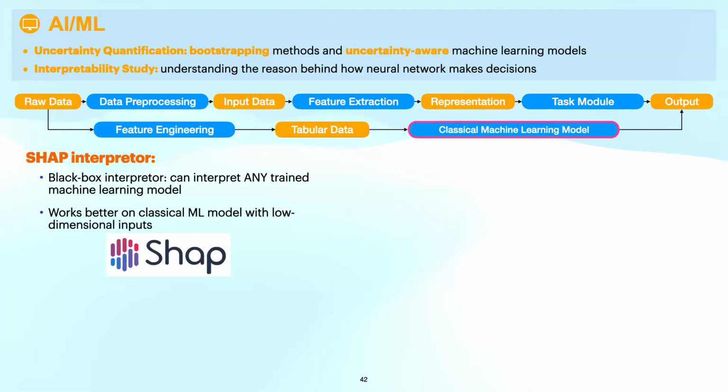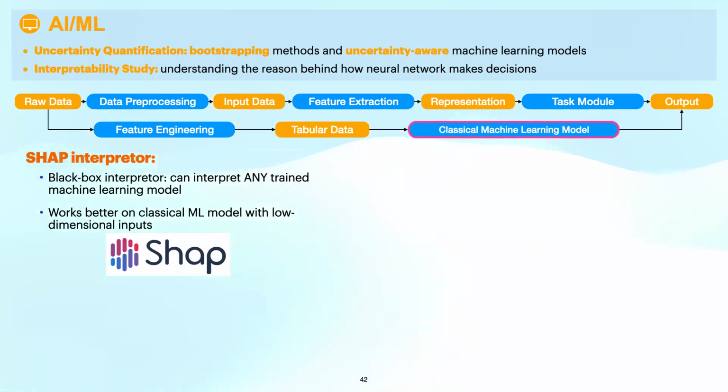So the last thing I want to talk about is another way of interpreting a machine learning model, which is called Shapley value. Shapley value is what we call a black box interpreter. The idea is that it can be used to interpret any machine learning model. You can train a machine learning model, and then you can give it to this SHAP package, and it's going to help you figure out which component of your input is the most important in terms of making the decision of your model.